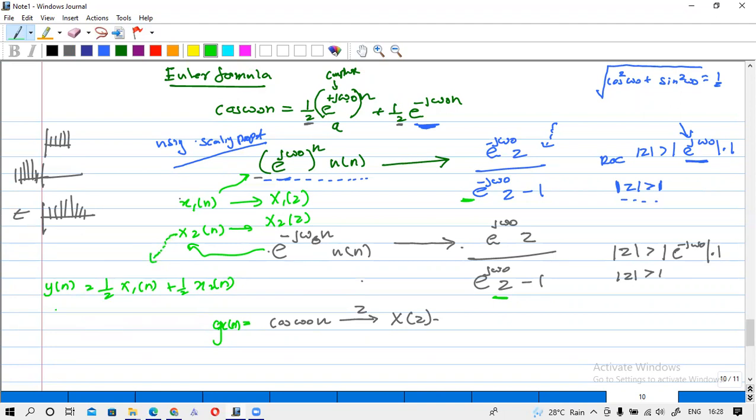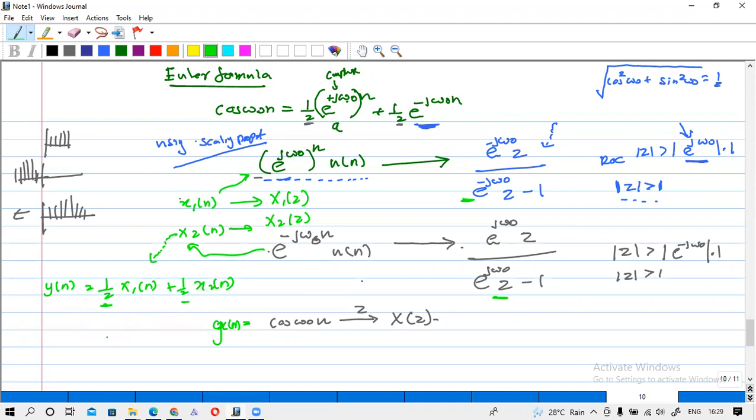If we get a signal by adding two signals in this way, the Z transform will be the addition in that same way.